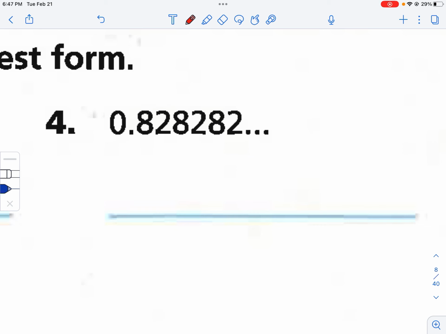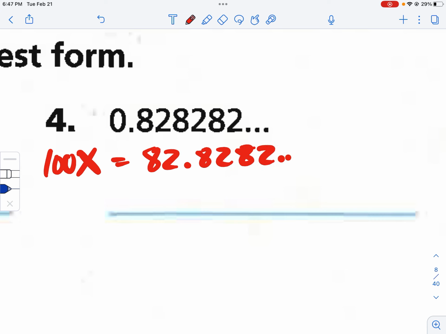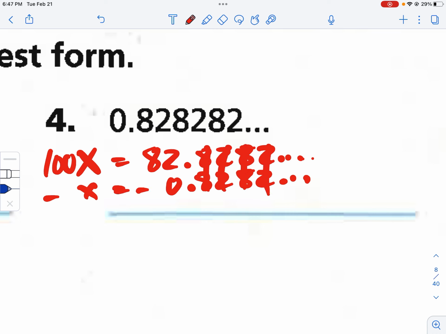Ooh, look at that. We have two numbers that repeat. So that means I'm going to do x, and I'm going to multiply by 100. That's going to get me 82.8282, and so on. If I subtract, these cancel, and I get 99x equals 82.